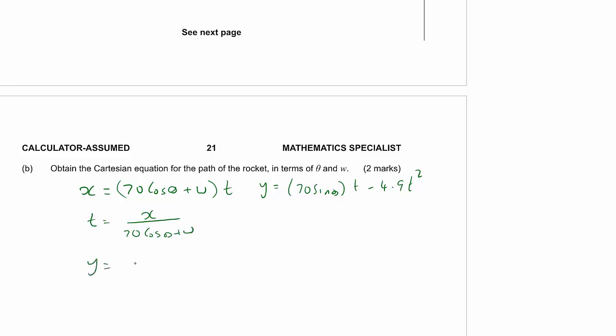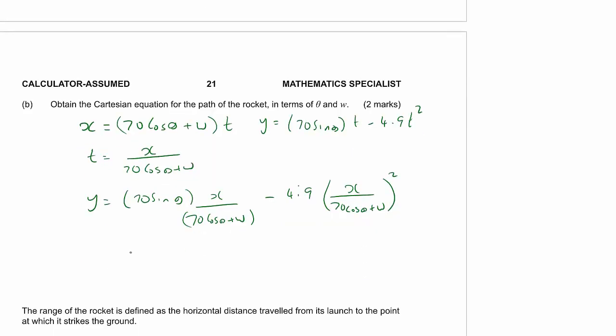So y is going to be 70 sine theta times x over 70 cos theta plus w, take away 4.9 times x over 70 cos theta plus w squared. Let's just tidy that.